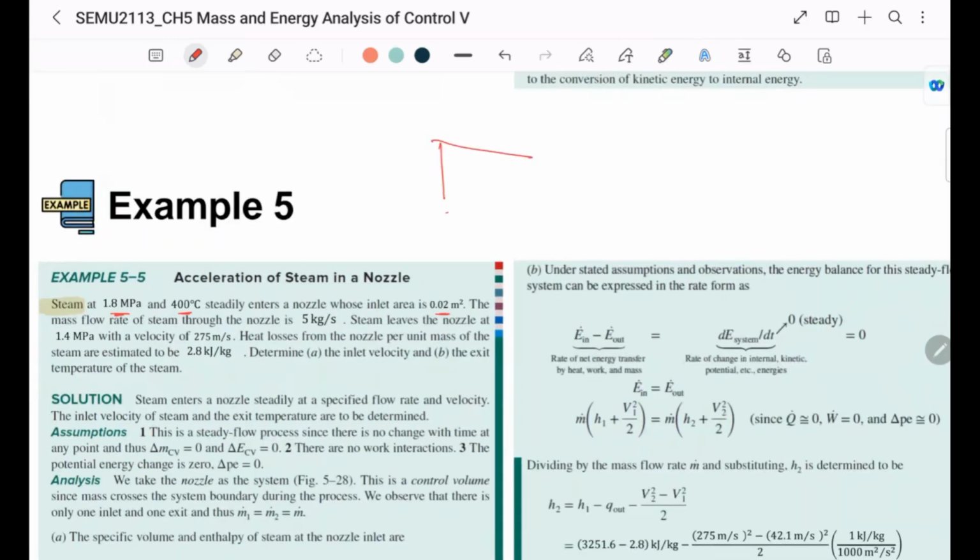So now this is a nozzle, so I'll draw it in a nozzle way. P1 is 1.8 megapascal. T1 is 400 degrees Celsius.